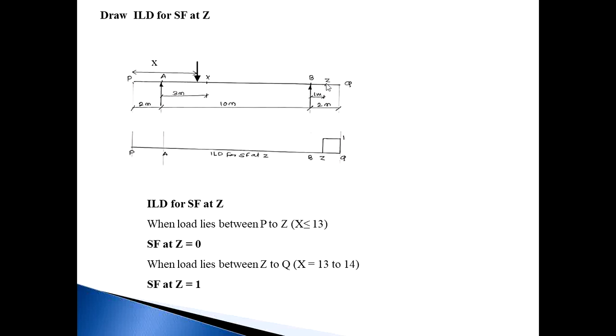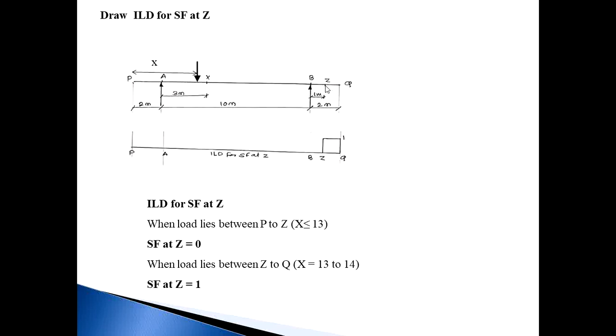So we consider, when load lies between P to Z, the right side of the Z. Then shear force value at Z is equal to 0 because no load on that ZQ span. So when load lies between P to Z, shear force at Z is equal to 0.